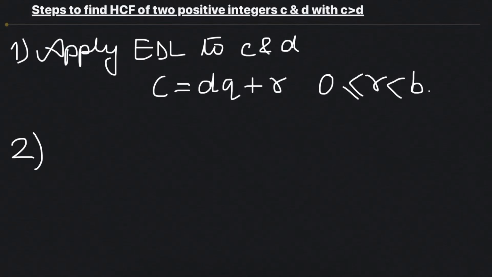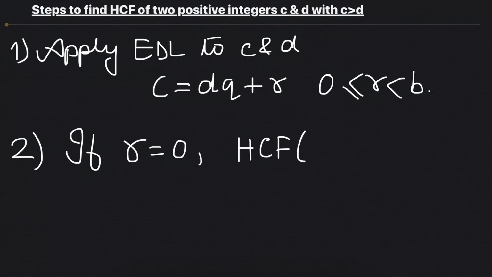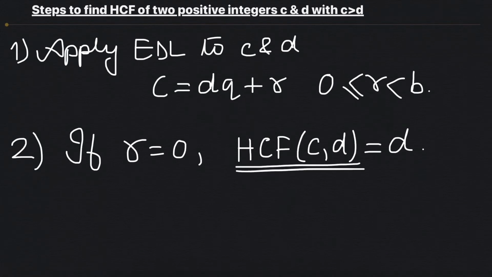The second step is, if r is equal to 0, then HCF of c and d is equal to d. Okay, we write in this term.